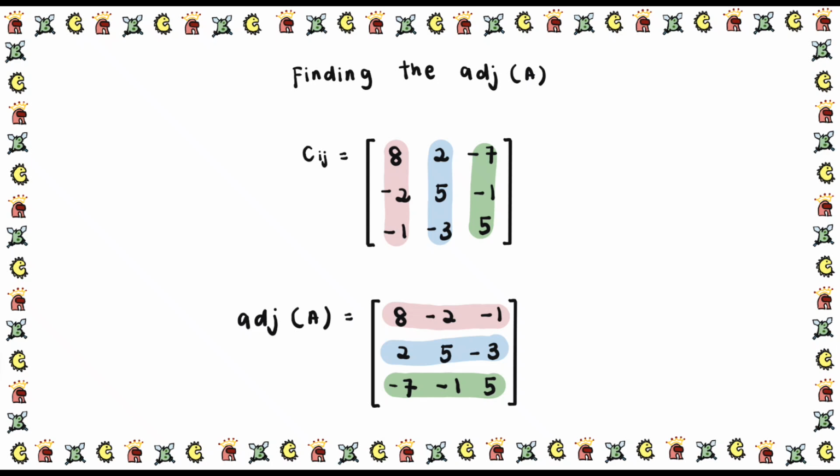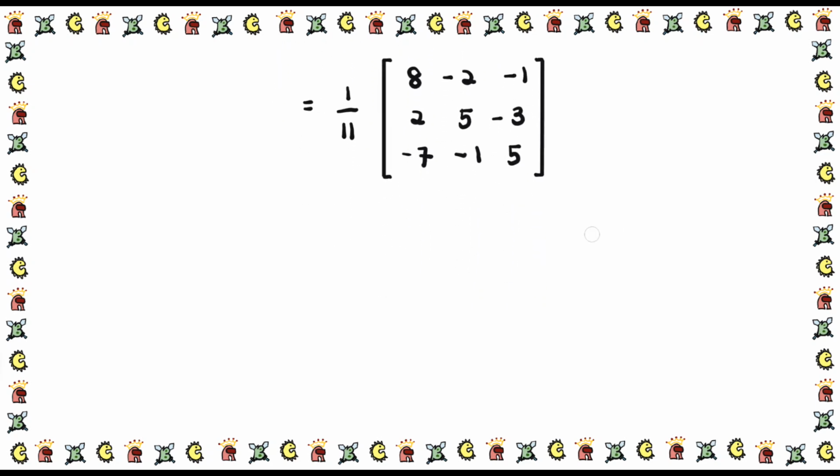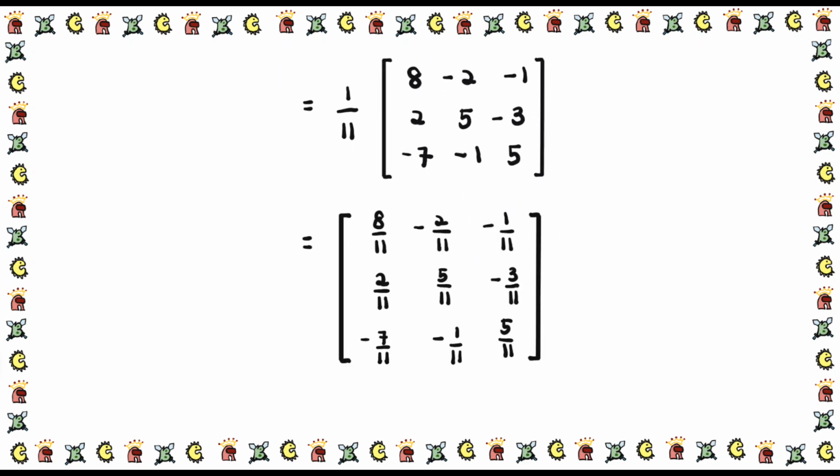To find the inverse of matrix A, let's recall the equation earlier. A inverse is equal to 1 over determinant A times adjoint A. Substituting the determinant and the adjoint into the equation, the inverse of matrix A is equal to 1 over 11 times adjoint A. We get the inverse of matrix A. Let's go back to our equation from the start.